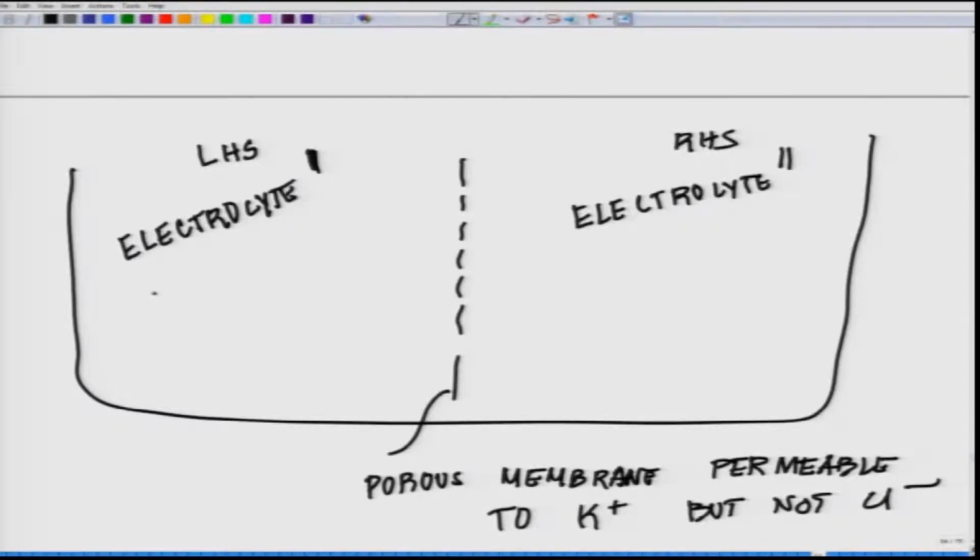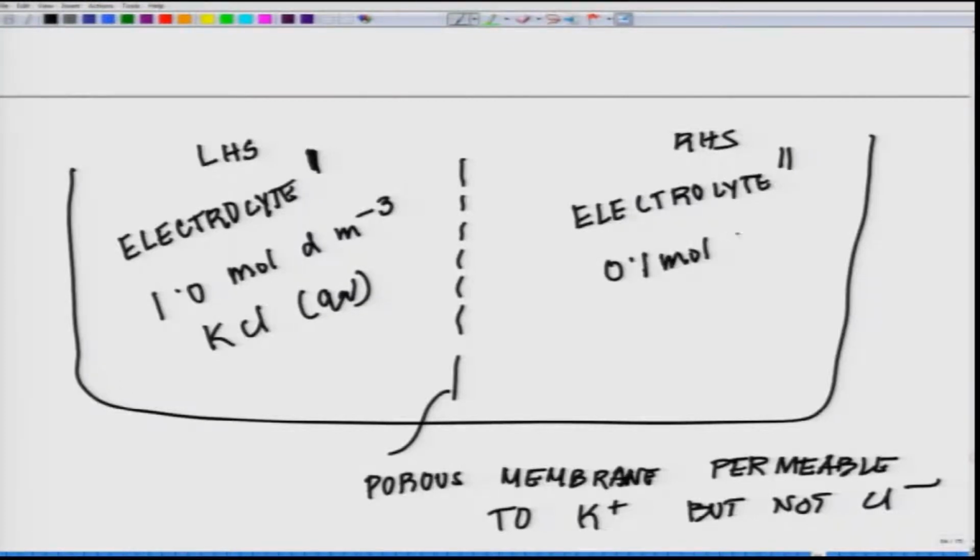On the left hand side, I have 1 mole KCl, which is aqueous, and on the right hand side I have a lower concentration of KCl aqueous.